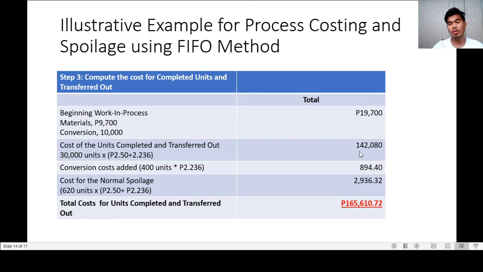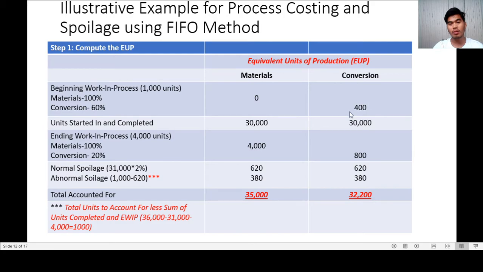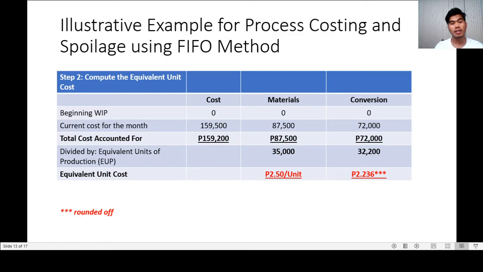So that is 142,080. So yung conversion cost added, di ba, napansin nyo ito? Sabi nga natin, hindi pa siya kumpleto. Hindi pa kumpleto yung beginning work in process natin na 400 units, so kailangan pa siyang tapusin.